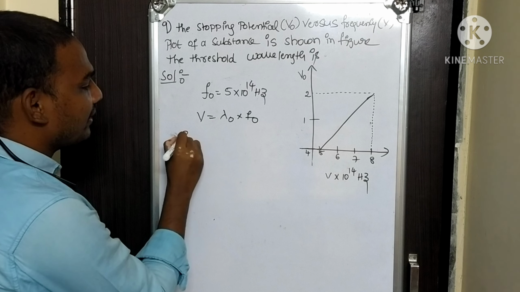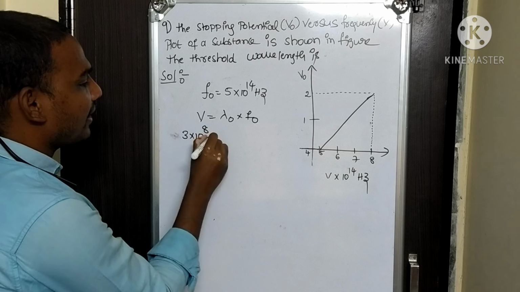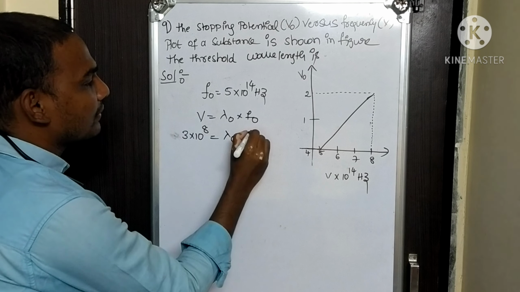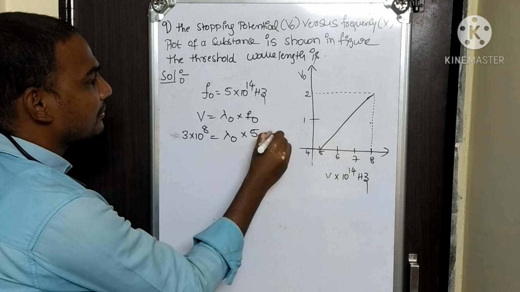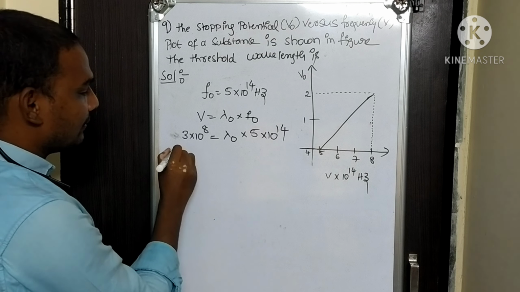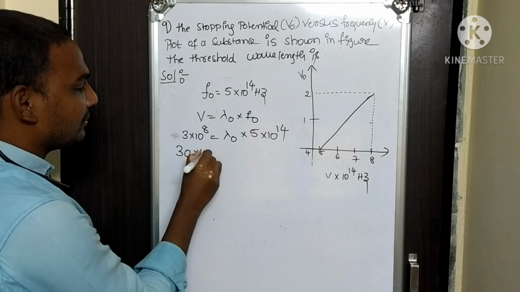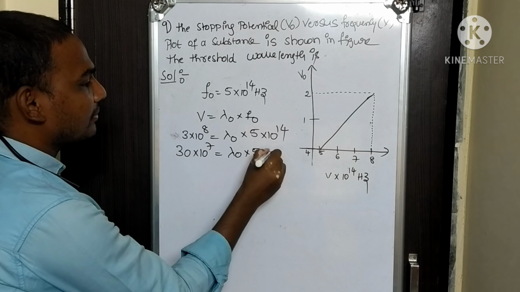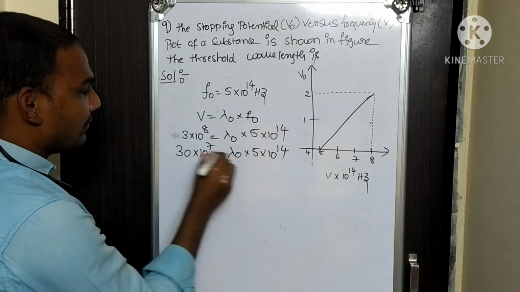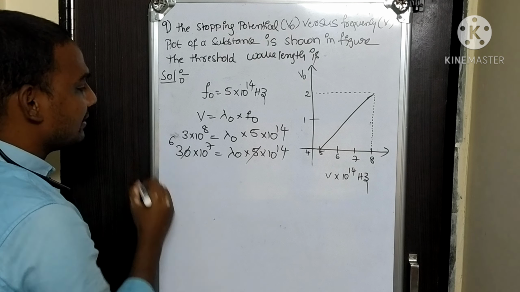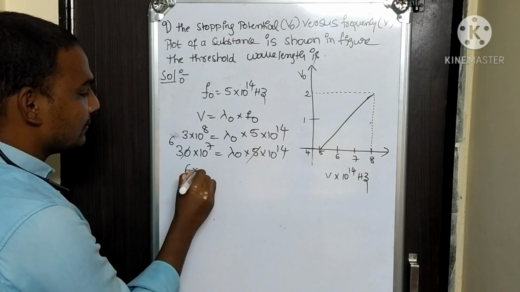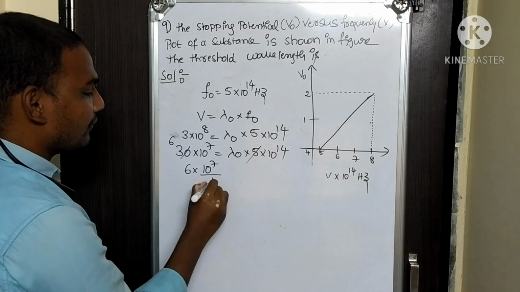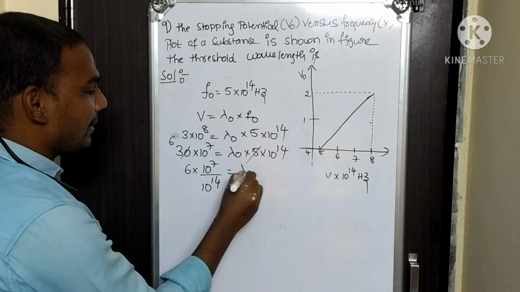So already we know the velocity of light, 3 into 10 to the power of 8, is equal to lambda naught, which we have to find, into f0, 5 into 10 to the power of 14 hertz. So 30 into 10 to the power of 7 is equal to lambda naught into 5 into 10 to the power of 14. We cancel 30 by 5, 6 times, so 6 into 10 to the power of 7 divided by 10 to the power of 14 is equal to lambda naught.